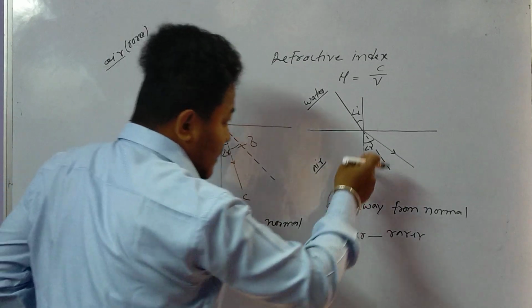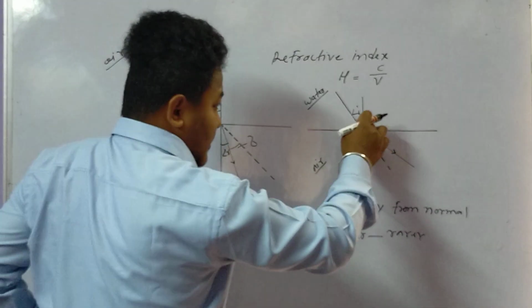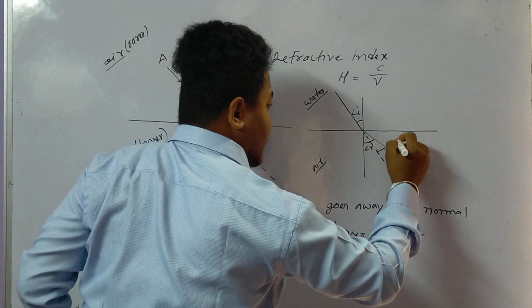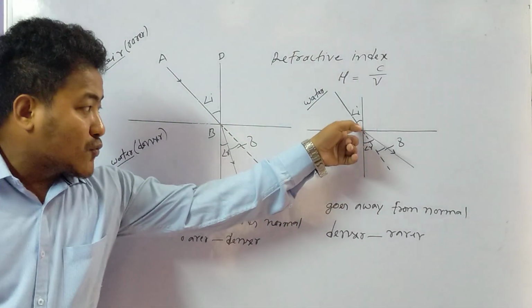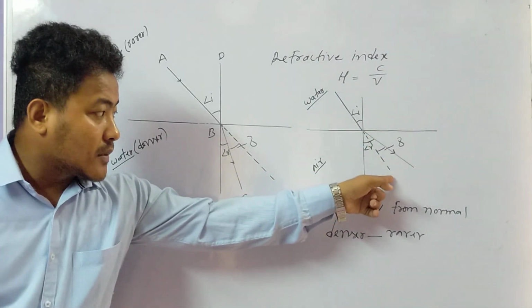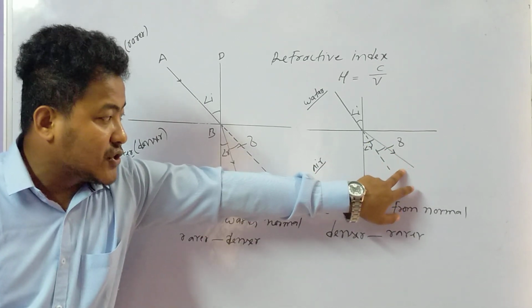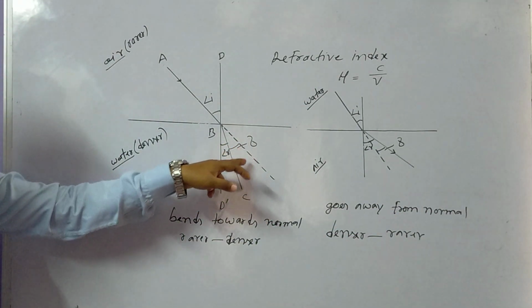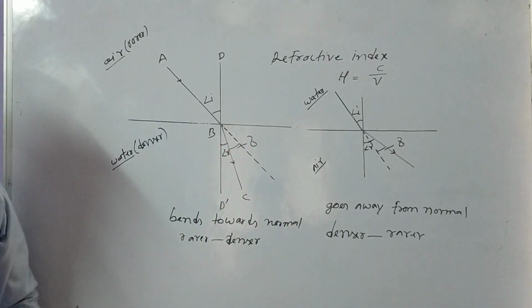This was its original direction, it is bent this much, so this is going to be your angle of deviation. Understand or not? And in the second case, how much it has deviated from the original direction? This much. This will be your angle of deviation.